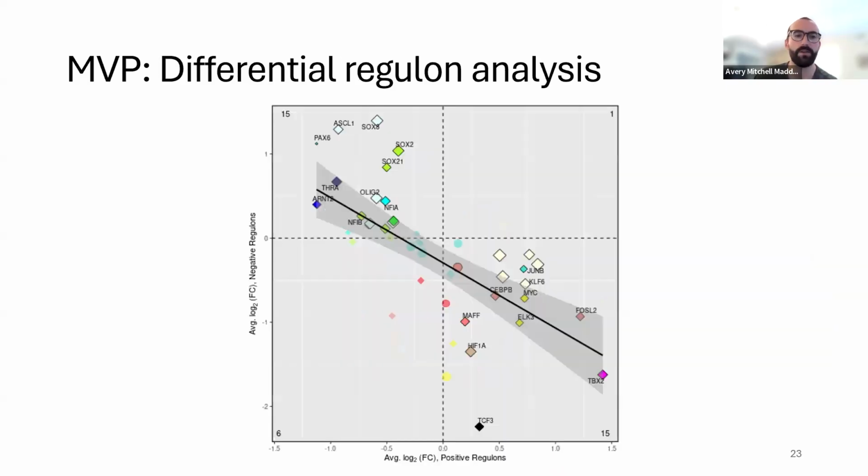Yeah, so something we look at through this lens is we want to see that if it's acting negatively, those negative targets are going down with the transcription factor, and that its positive targets are going up.